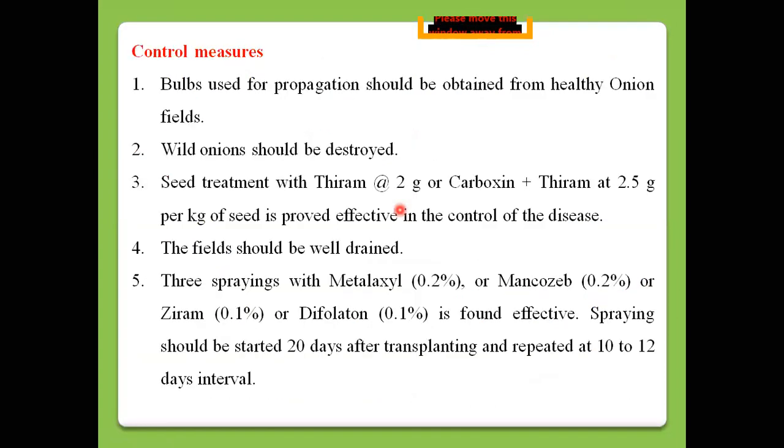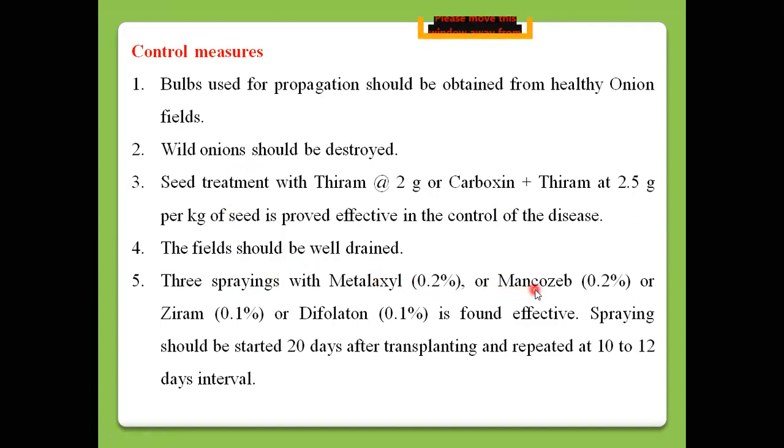Then management is the same in onions: seed treatment with metalaxyl or thiram, or carbendazim plus thiram. Then field sanitation, then spraying with metalaxyl.